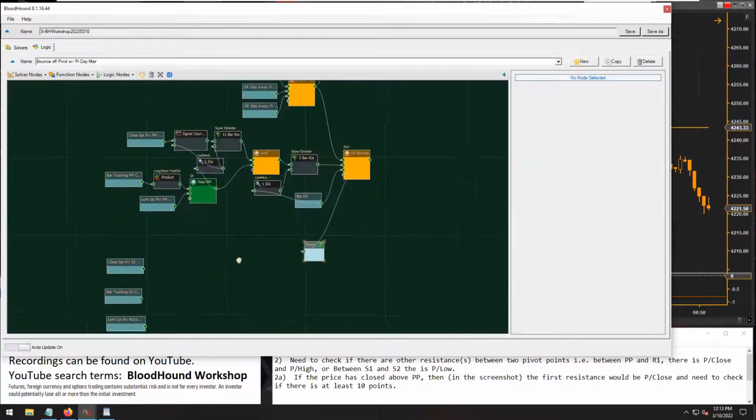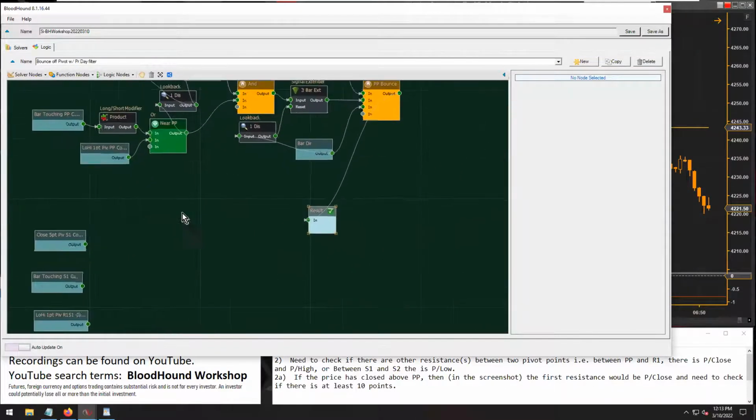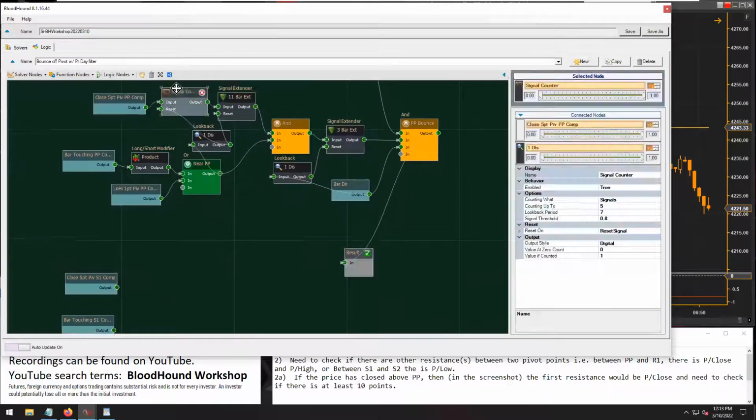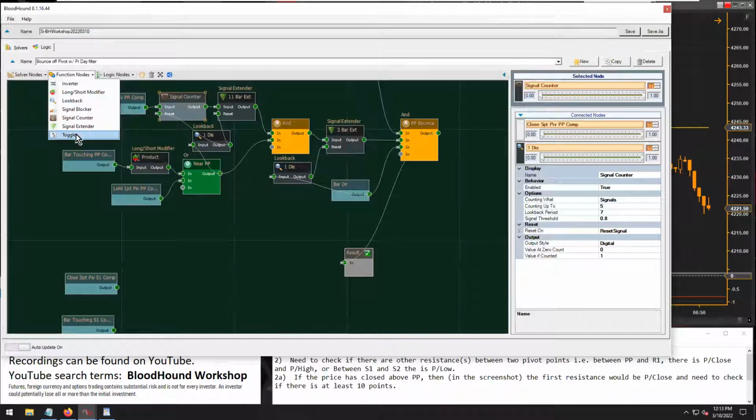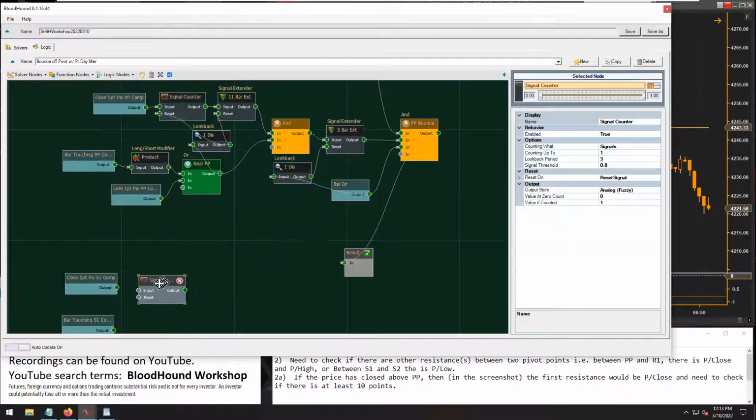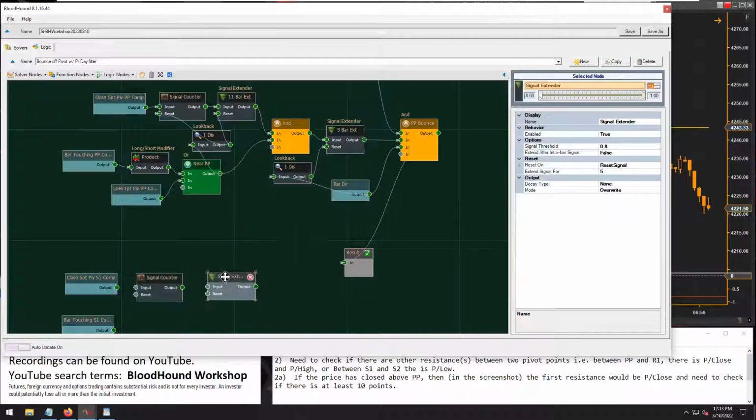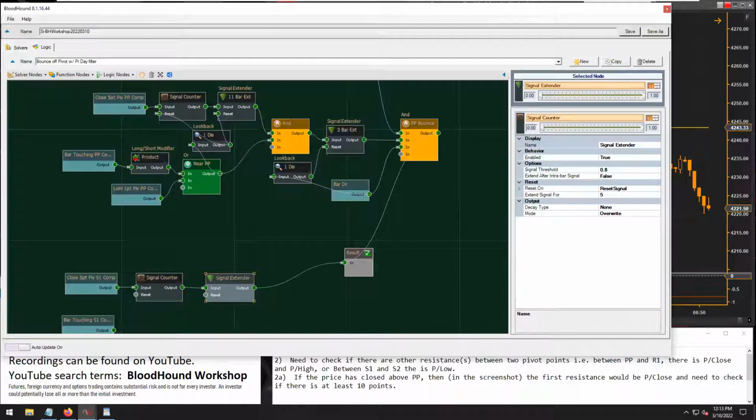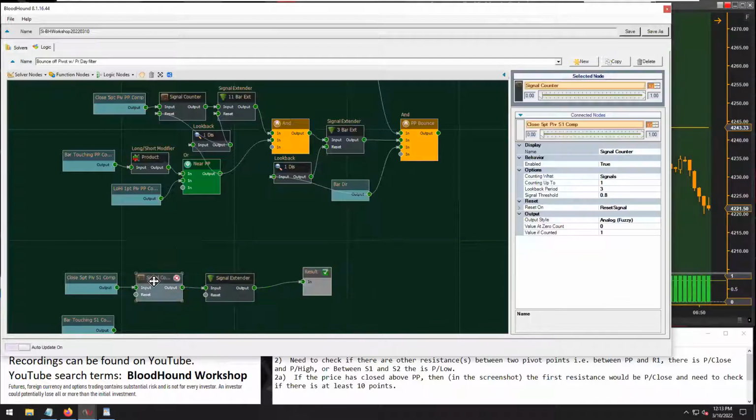Okay, let's pull this in. So we need a signal counter and a signal extender. So let's drop both of those on there. Signal extender. All right, start connecting things up. Connect that in. So our signal extender. So we're counting 5 bars out of 7, and we want digital output.